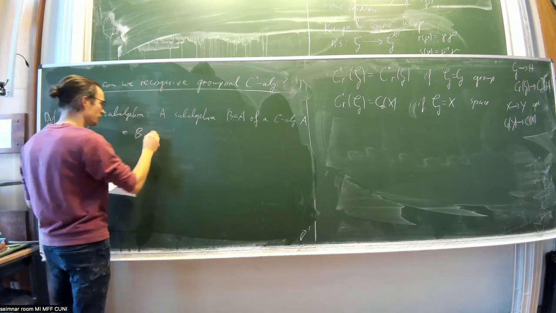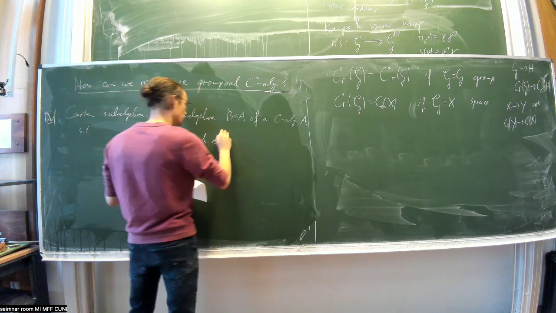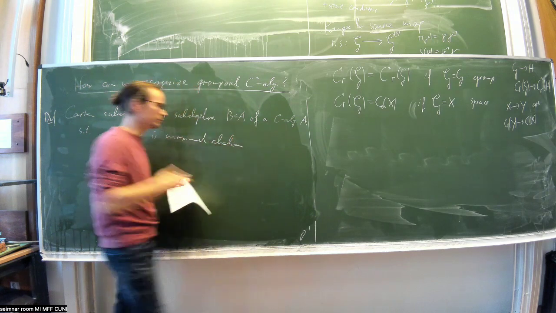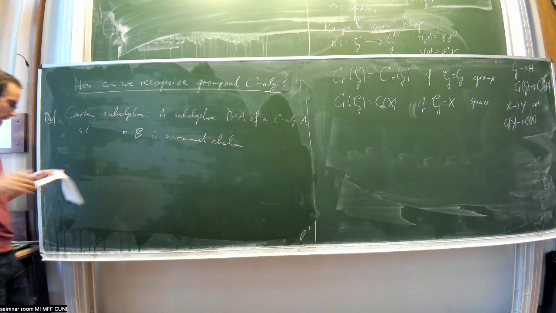First of all, B is maximal abelian. So it's abelian and it's not contained properly in any abelian subalgebra.